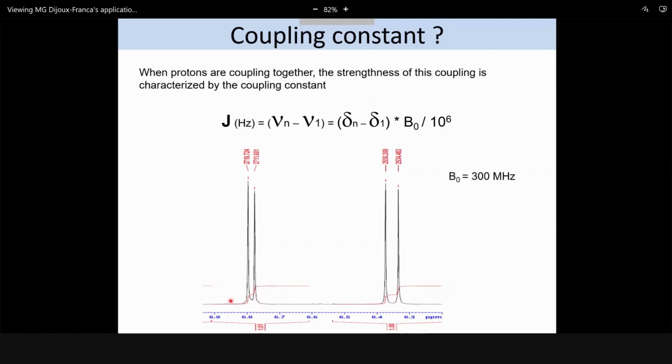Here you have in red the lines for the integration. You can see that the integration is calculated from here to here. And the computer says that this surface corresponds to 1 proton. And for that one, it's the same. The integration is calculated from here to here.